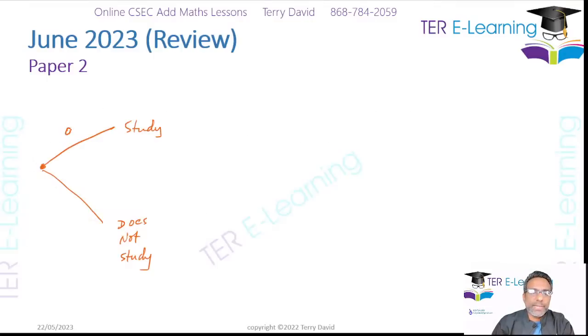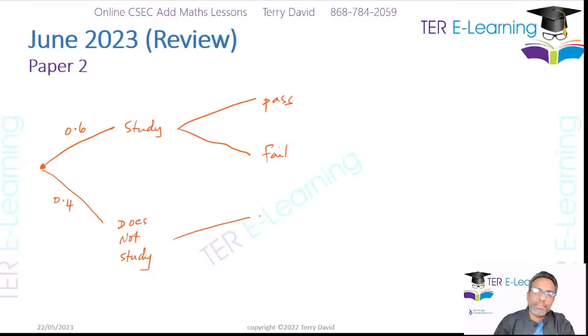So this here is going to be 0.6. That's the probability of him studying. So if he doesn't study, that probability has to be 0.4, 1 minus 0.6. Now if he studies, he has two things that can happen. He can either pass or he can fail. Same thing here. If he doesn't study, again, he can pass or he can fail.